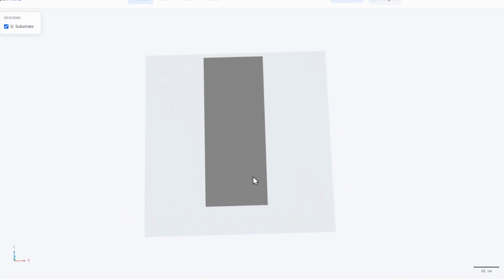But the important part is here, this top view. You can see that the x directional scale corresponds to about 108 nanometer, and this vertical direction corresponds to 272 nanometer.